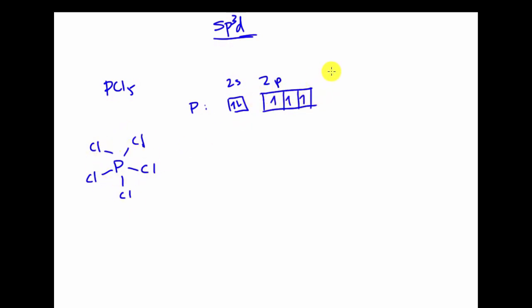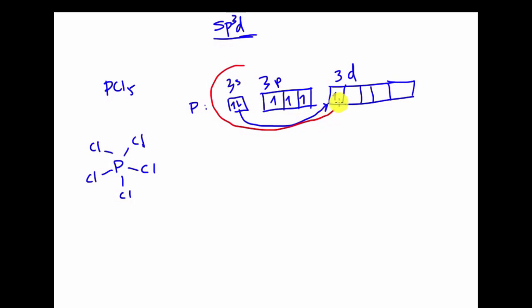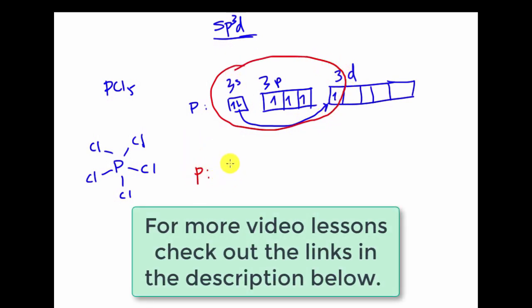Well, the problem is, this should be a 3 by the way, not a 2, because it has to be in a third energy level. So we have the 3d. 1, 2, 3, 4. Okay, so what happens is this electron promotes up to here, and we get a hybridization of all of these orbitals, including one of the d's.